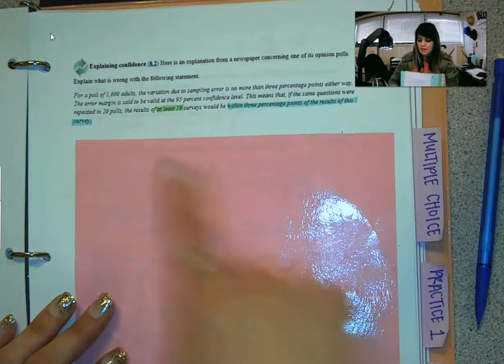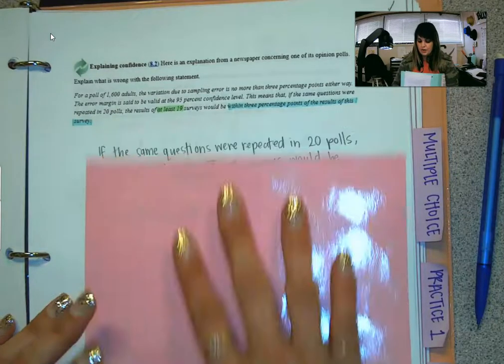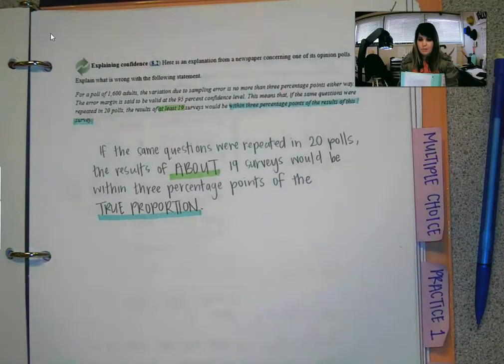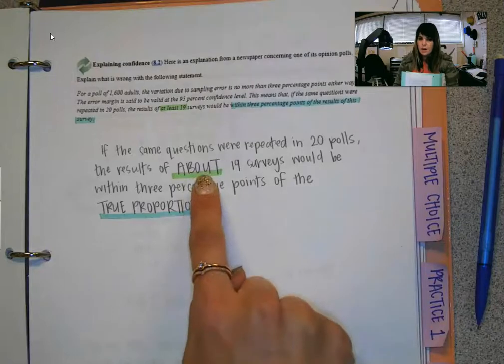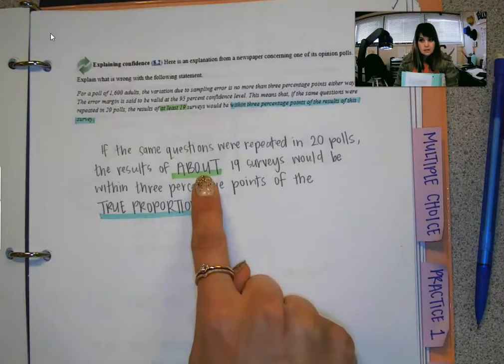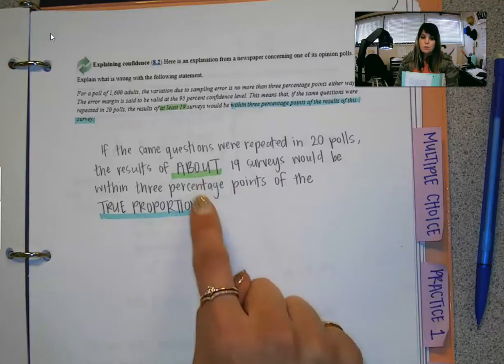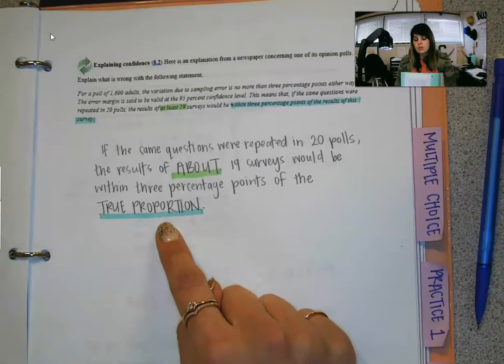Okay, so I just rewrote the statement with what they should have written. So if the same questions were repeated in 20 polls, the results of about 19, not at least 19, about 19 surveys would be within 3 percentage points of the true proportion. So this is what I was just talking about on the previous problem.